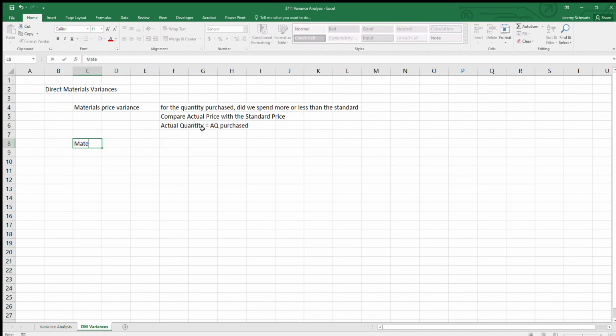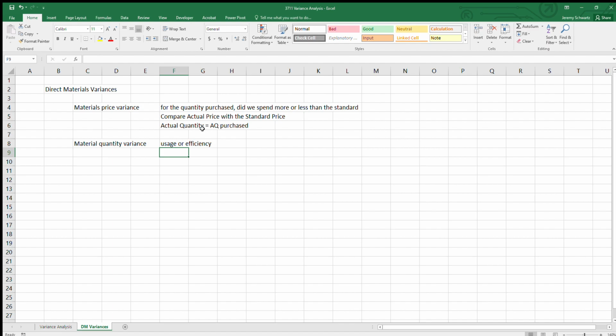When we look at the material quantity variance, another way we could think about this, as we did before, is material usage or efficiency, if you want to compare back to the labor variance.